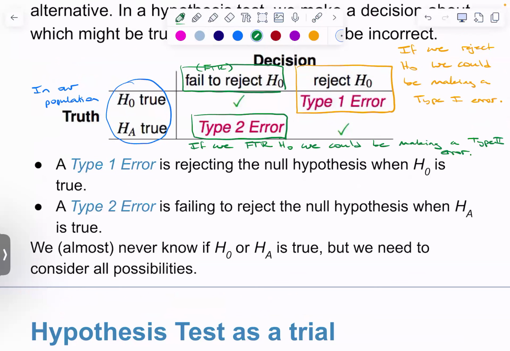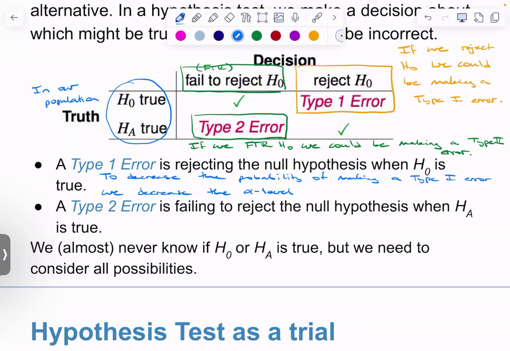To decrease the probability of making a type 1 error, we decrease the alpha level, right?